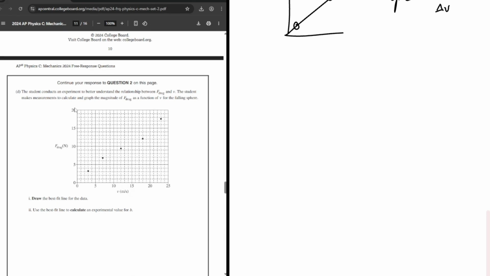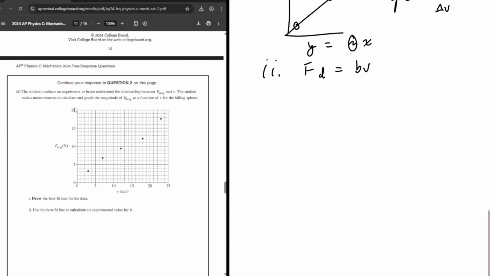And the way you would utilize this slope is in this next part, where it says II, use the line of best fit to calculate an experimental value for b. You would use the fact that F drag is equal to bv and recognize that this is a linear relationship, y equals mx.